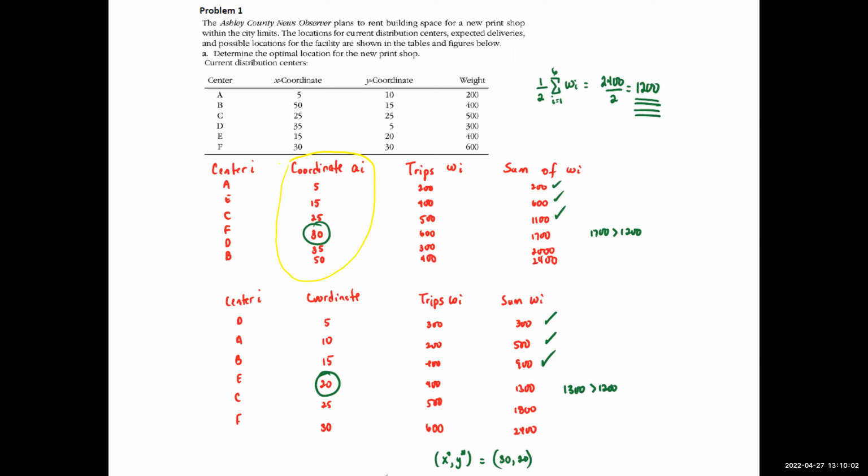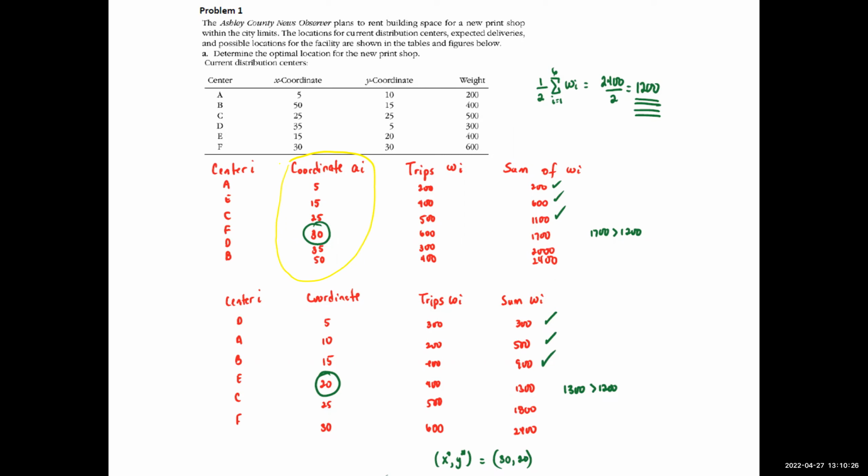Next step will be to identify the threshold, which is going to allow us to make a decision. The formula for computing that threshold is the summation of all the weights divided by 2. In this case, the summation of all weights is 2,400. We divide that by 2, and the answer is 1,200. So that's my threshold.